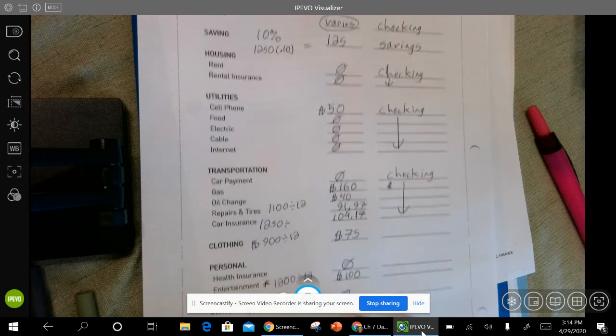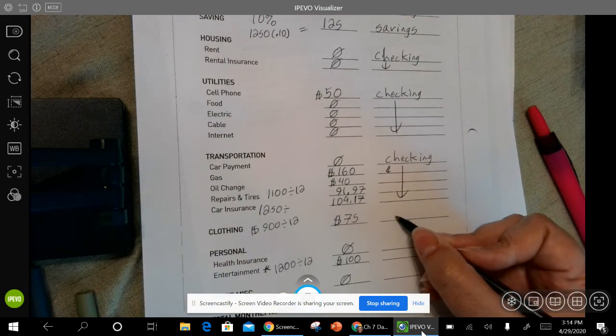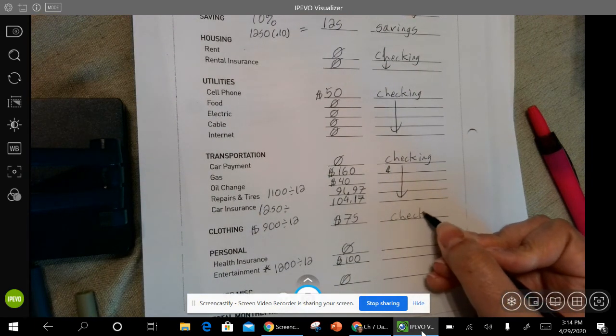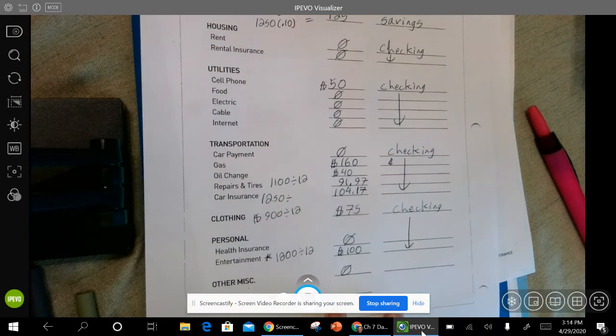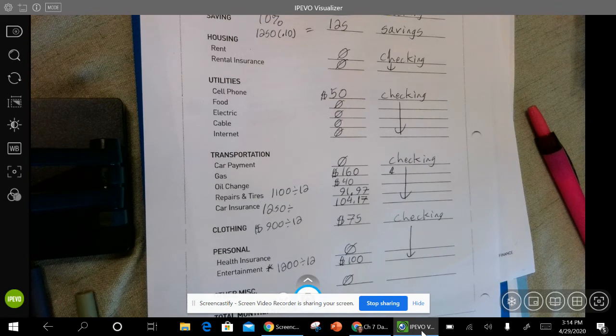So this is going to give us our total. I didn't write that these are all checking account. All got to come out of checking. So we add all those together. Everybody, all of these come out of the checking account except for savings. You put your savings in your savings account.